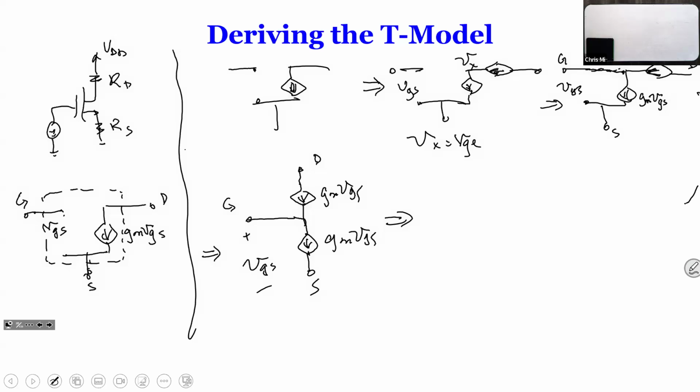If we take VGS divided by gm times VGS, which is voltage divided by current, you get a resistance. We'll call this resistance RS, and this RS, canceling VGS, is equal to 1 over gm.